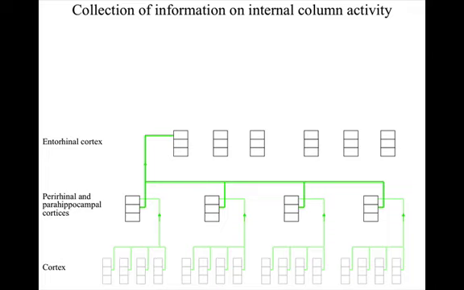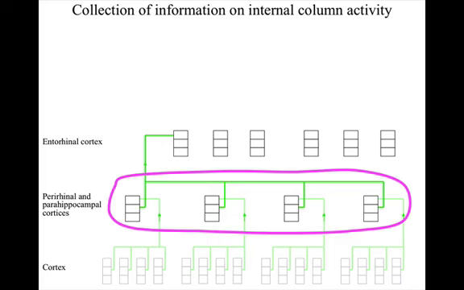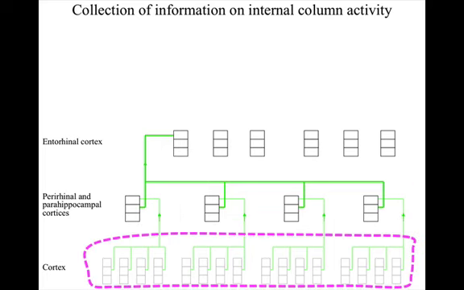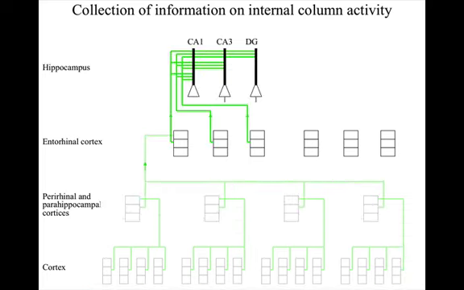Internal activity of different groups of columns in the perirhinal and parahippocampal cortices target the input layer of the entorhinal cortex columns. So columns in the entorhinal cortex have receptive fields that are groups of groups, very large groups of columns from lots of different cortical areas that expanded their receptive fields at similar times in the past.